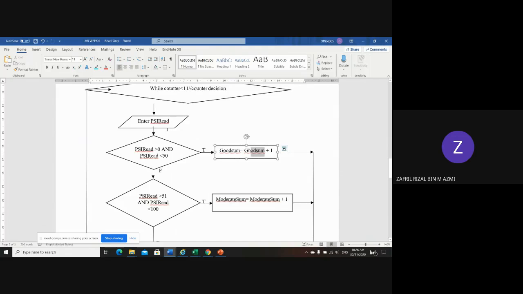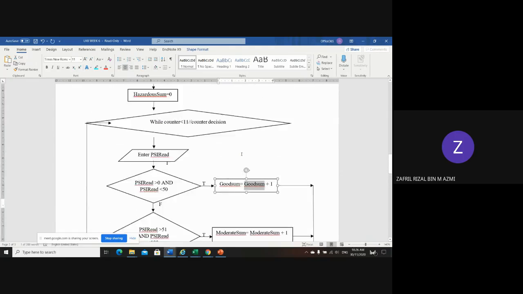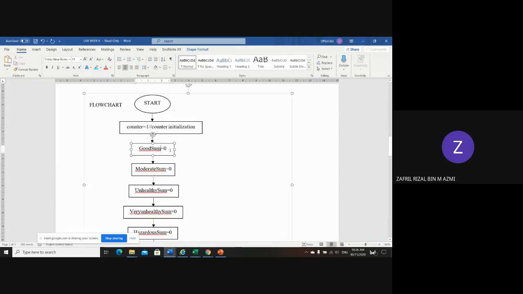So how do we get the 0 value? From the initialization. This is also very important. If you want to do counting and accumulating, you need to have the initial value of the counting and also accumulating, right? In this case, this is the counter initialization.